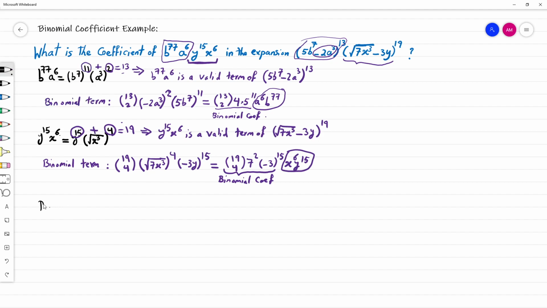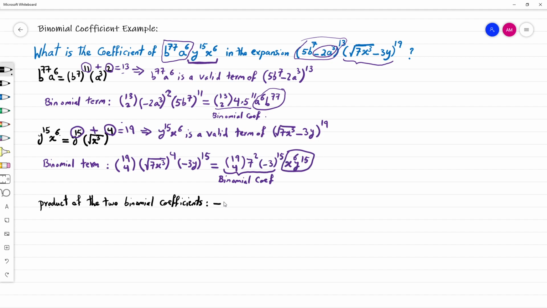So we would say the product of the above two binomial coefficients would be, then there's a negative sign because we have the negative 3 to the power 15 here, and that's raised to the odd power, so negative would come out.